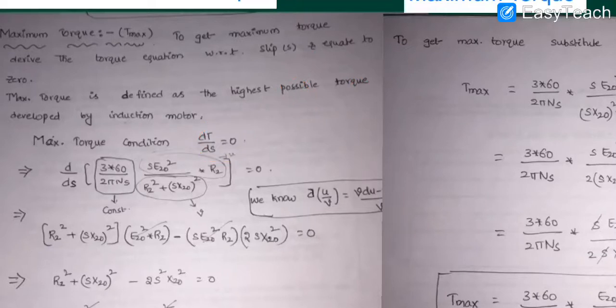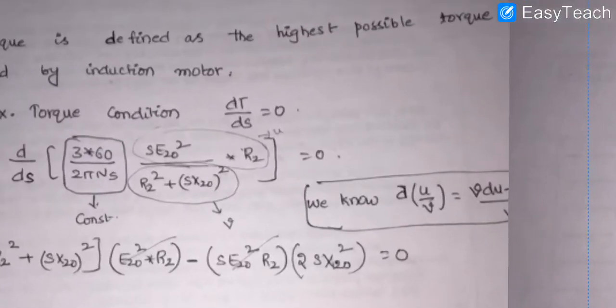So this is our constant term. The first term in the torque expression, 3 into 60 by 2 pi ns, is the constant, and the remaining term is S into E20 square by R2 square plus SX20 whole square into R2. Here we are differentiating with respect to S, and S is present in the numerator and denominator.